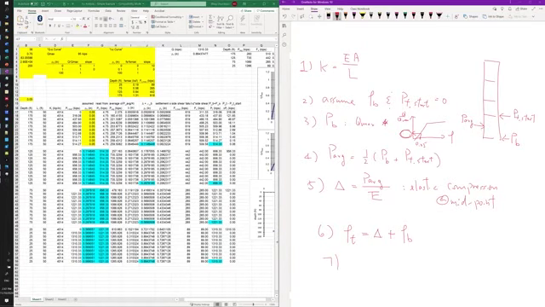And after that, we'll calculate the side friction settlement, which will be equal to the base settlement plus the elastic compression divided by 2.